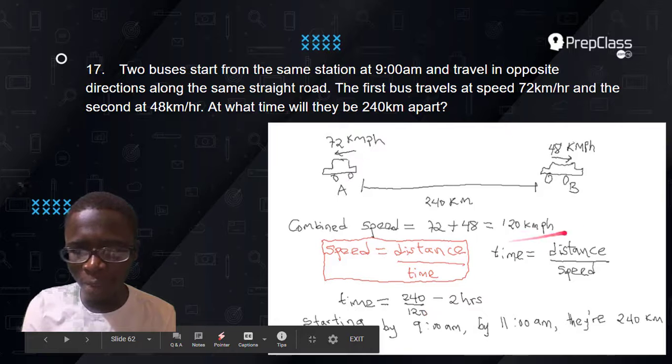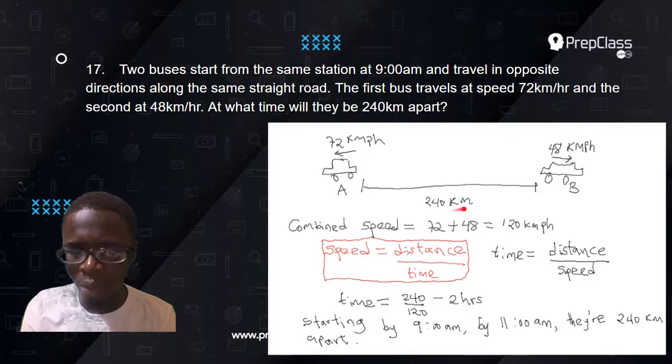Remember, the resultant speed for both vehicles. So this gives us 2 hours as the time it took them to achieve this separation. And with this you can even reason it first. If the resultant speed happens to be 120 kilometers per hour, it means in 1 hour they will be 120 kilometers apart.